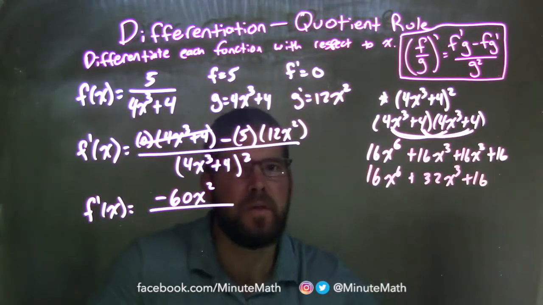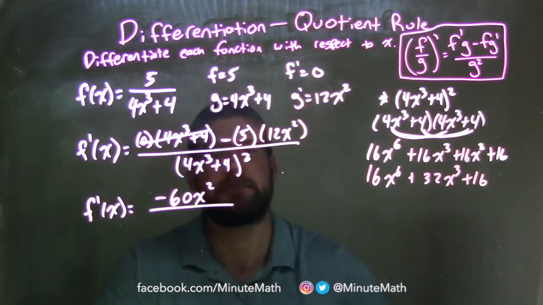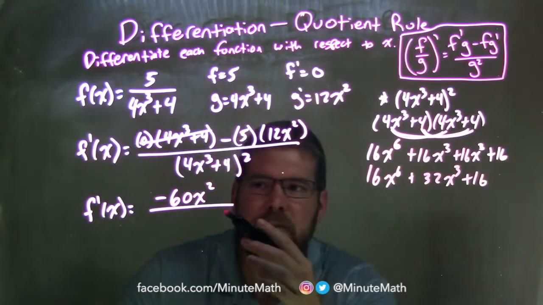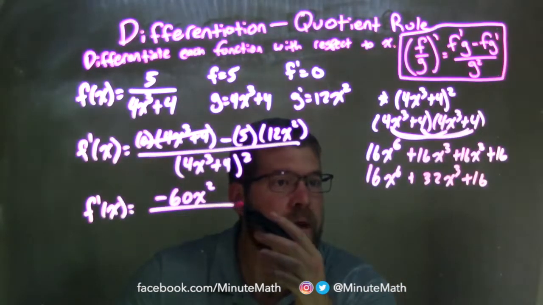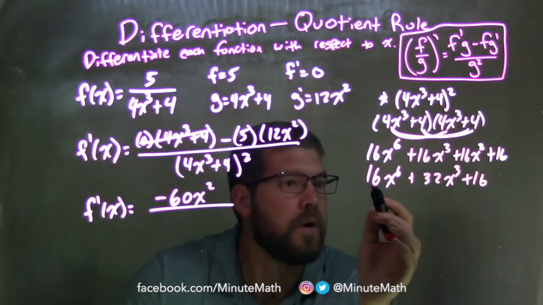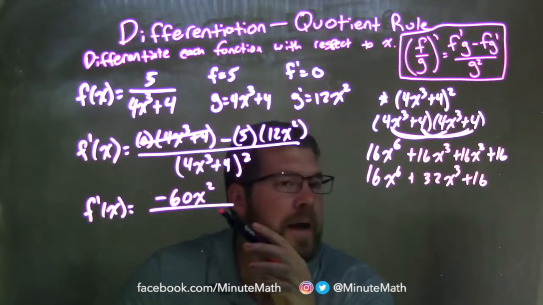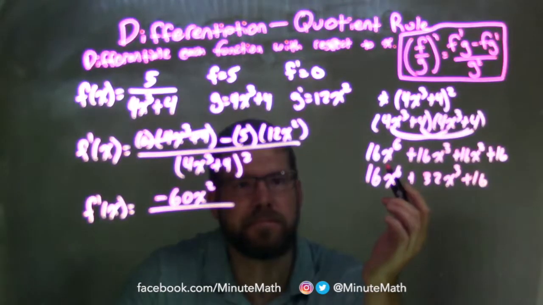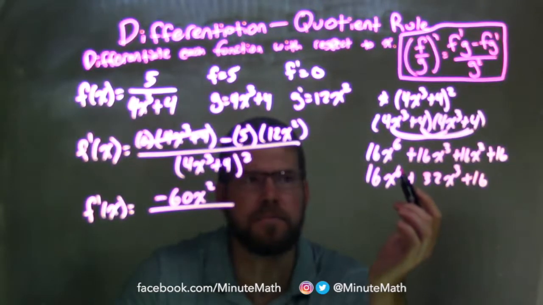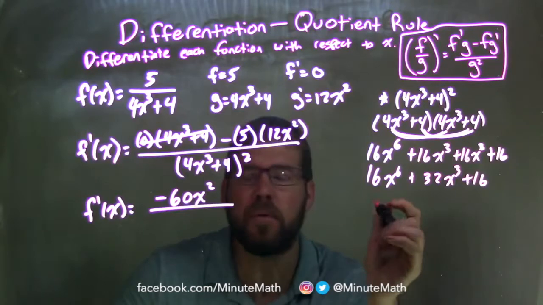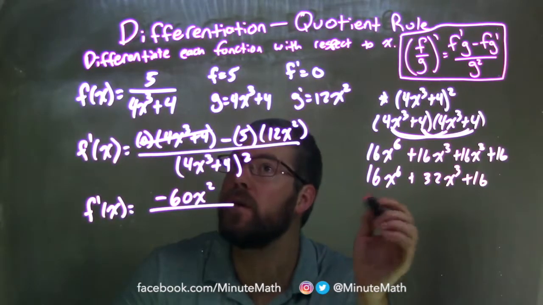Well, what I'm also going to think about is, what can I pull out that is divisible by that 60? What common number? Because I know 2 can go into 60. What about 4? 4 can go into all of these. And that gives me 60 divided by 4 is 15.